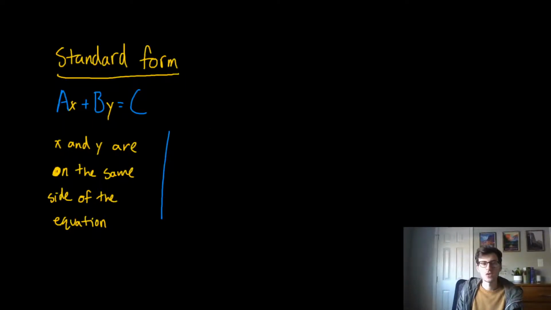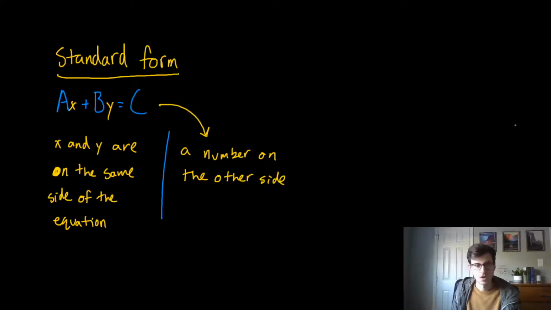And then the other thing you need to know is that c is just a number on the other side of the equation. So you have x and y on the same side of the equation, and then you have a number on the other side.